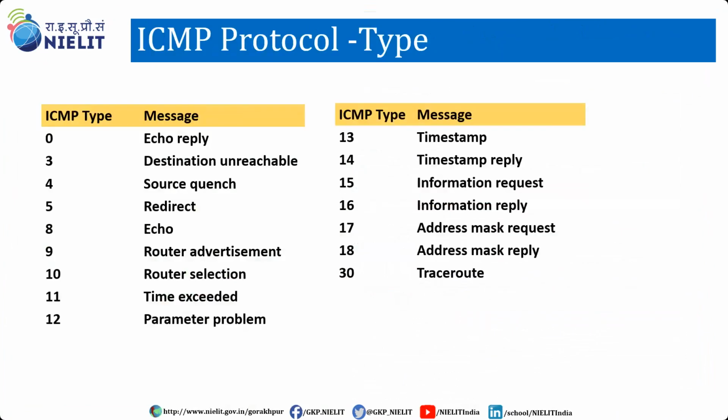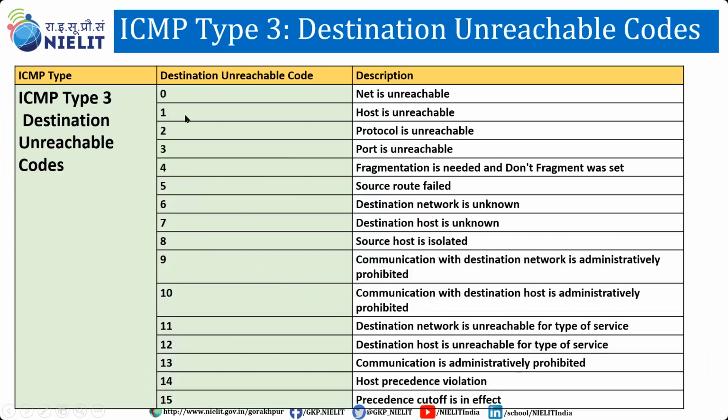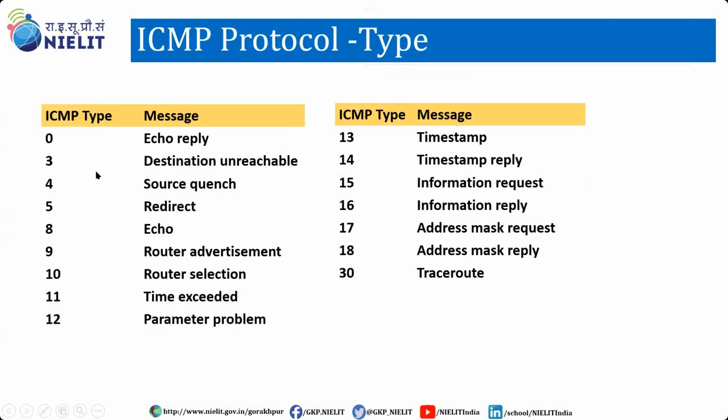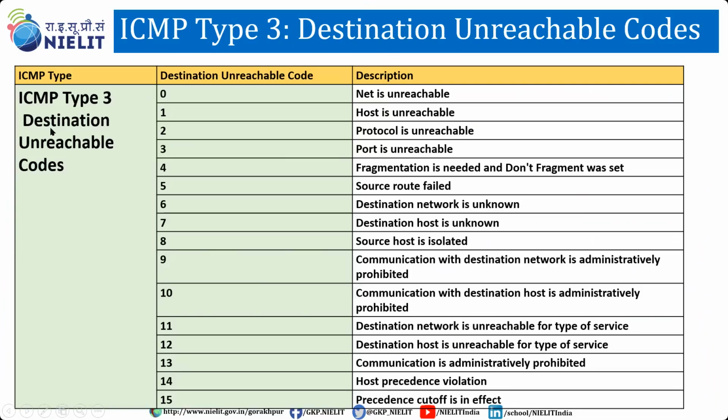Each particular ICMP type has several subcodes. For example, ICMP type 3. ICMP type 3 generally means destination unreachable. But it can be written as type 3 with code 0. 0 means network is unreachable, 1 is host is unreachable.